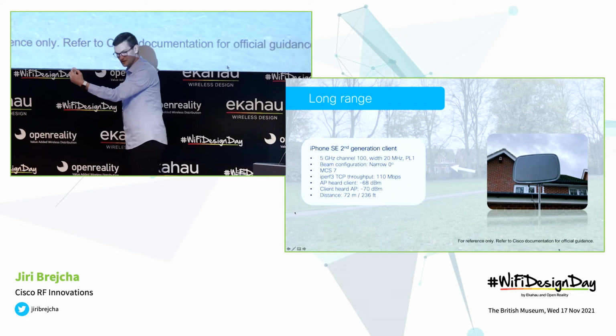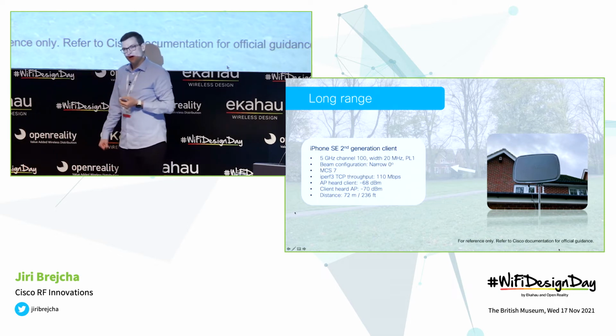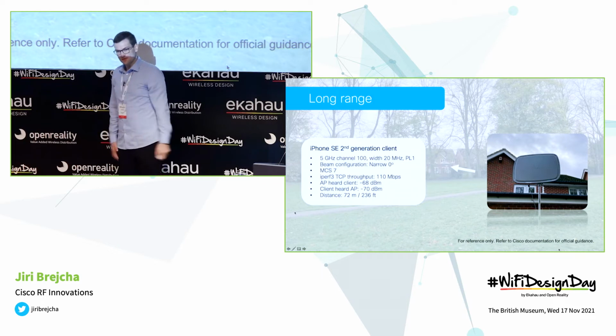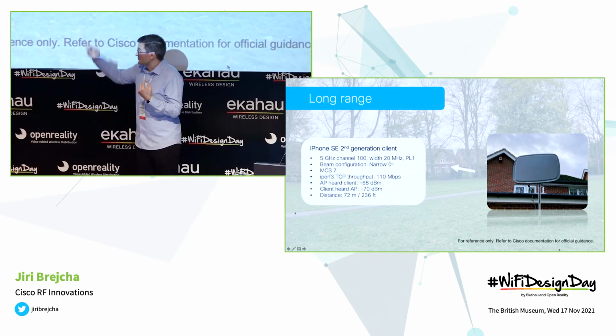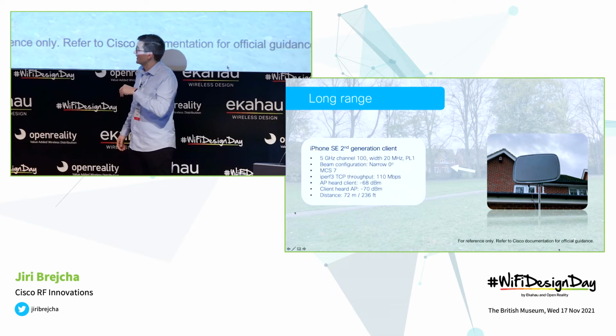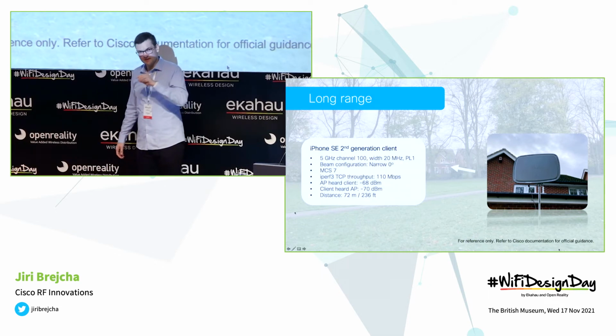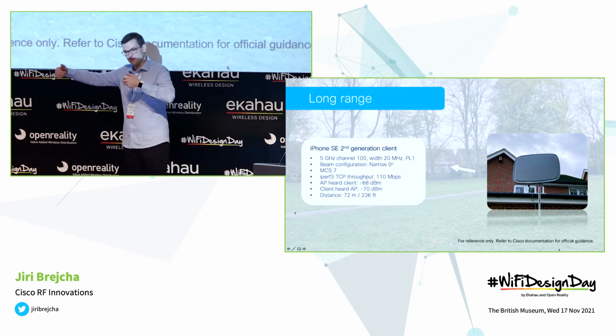At those 72 meters, the client heard the AP at minus 70. So I stopped there, and my question was really, well, some people might have concerns about the antenna of that iPhone. Is it as capable as the access point? And what I got was the AP actually heard the client better, by a couple of dB, than the client heard the AP. So it was nice, symmetric RSSI from the client perspective as well as from the AP perspective.